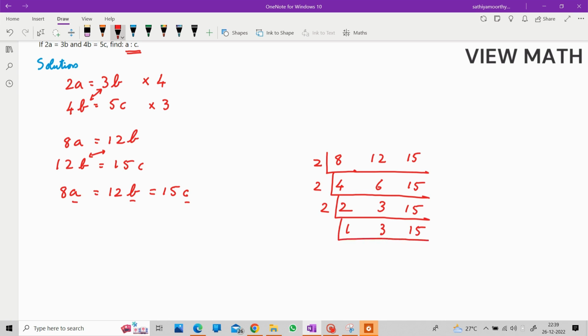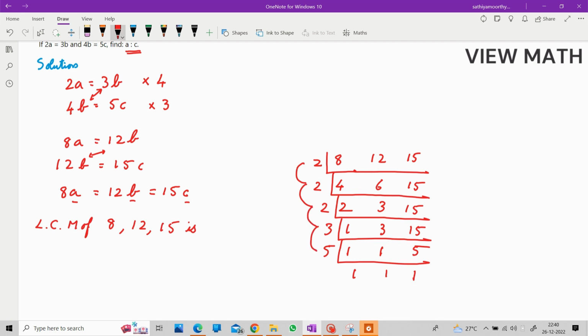Now I'm going to take 3, 1 as such, 3 1 times and 3 5 times. Now by 5, 1, 1, 5, 1 times. So the LCM of 8, 12 and 15 is, I need to multiply 2 into 2, again 2, 3 and 4. If I multiply, I am getting 120.